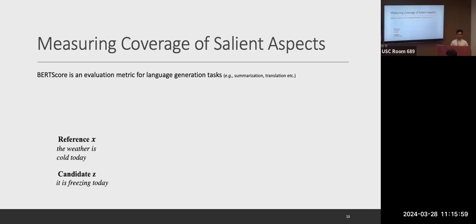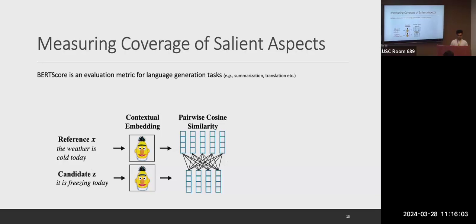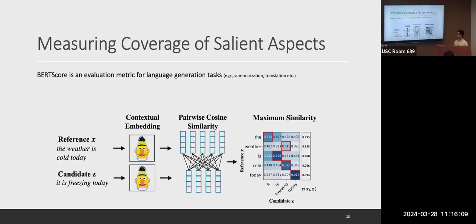It will use an encoder model, say BERT, to get contextualized token embeddings of all the tokens in both the candidate and the reference, and then match them pairwise to produce a matrix of scores like this.